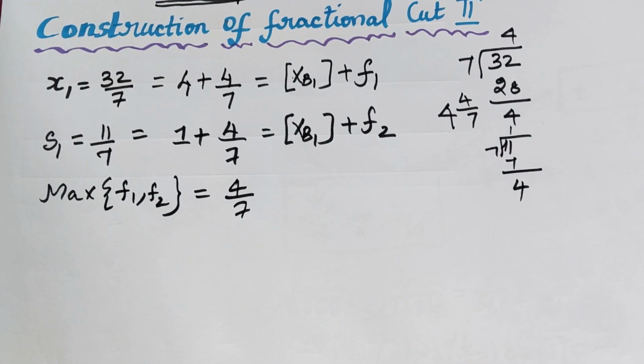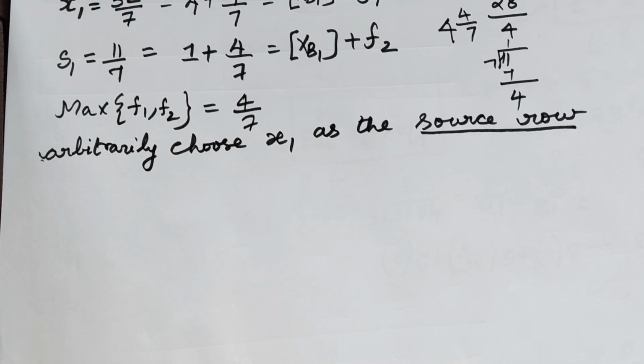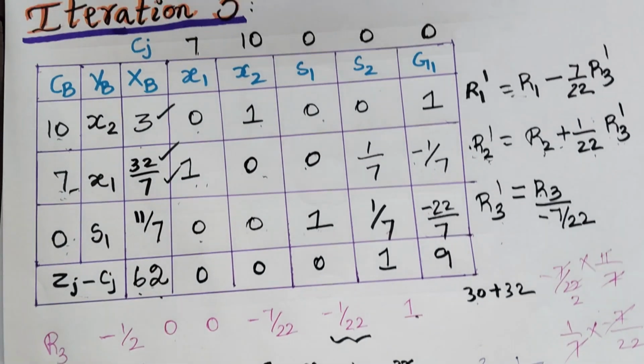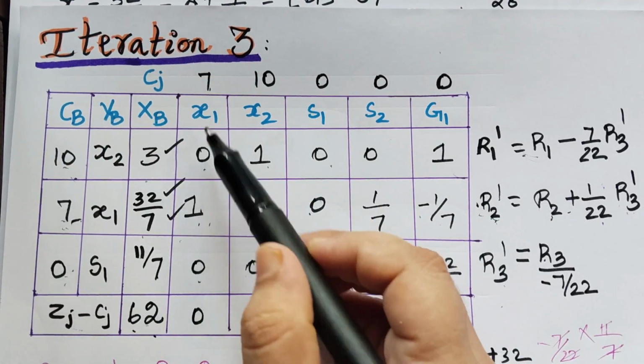So after finding the source row, what do we have to do? Take the source row and form the new constraint. So x1 I am going to choose as the source row. In this row, what is the coefficient of x1? 1.